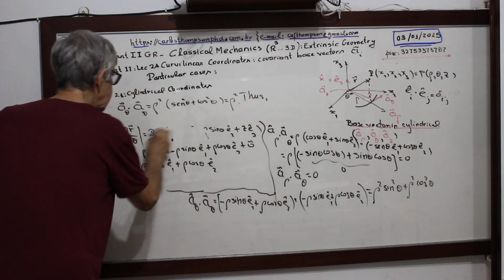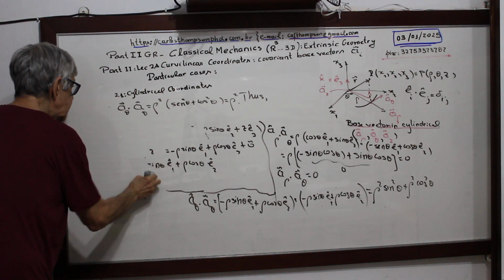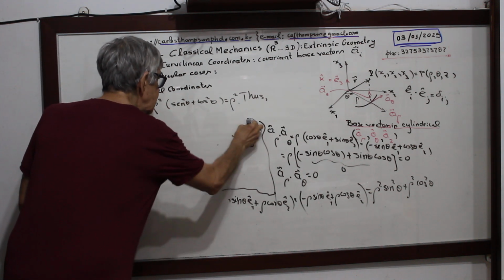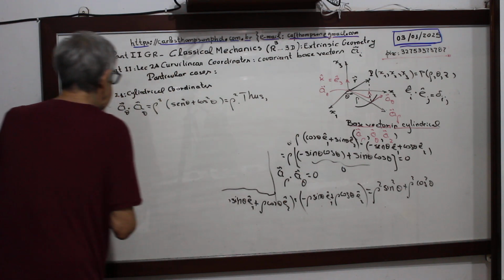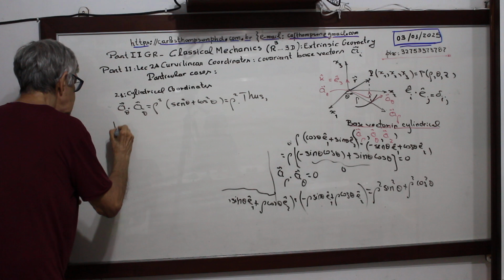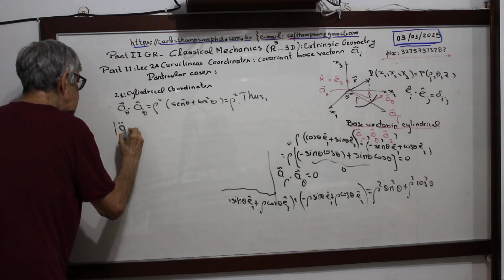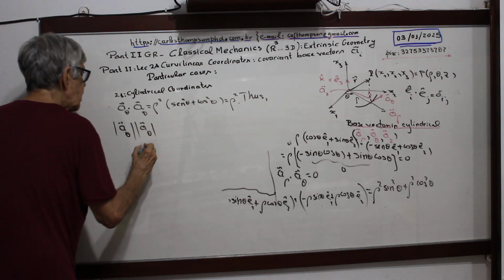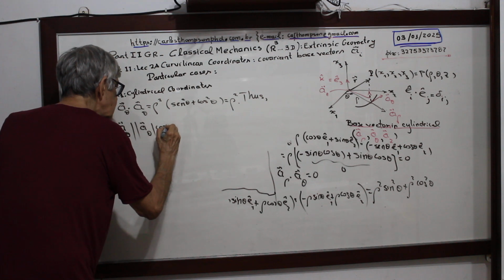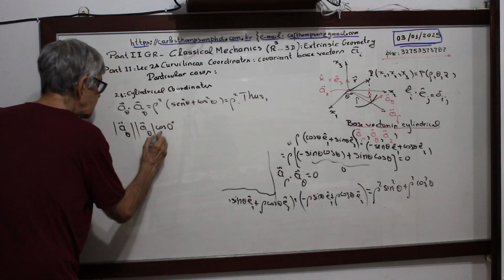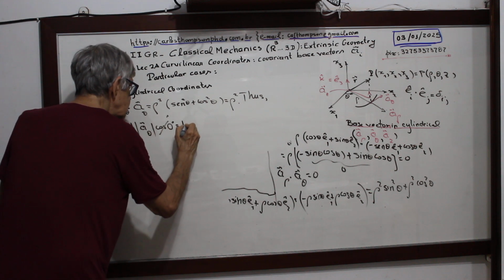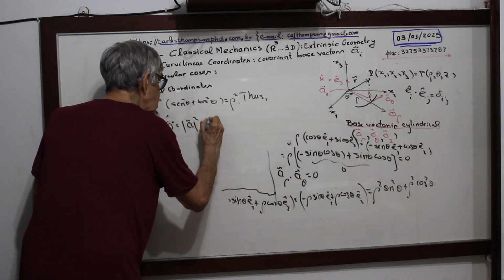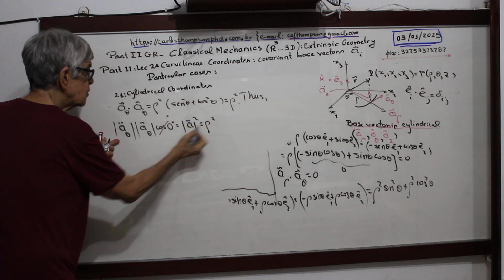Now I will apply the definition of dot product. The definition is the magnitude of this vector times the magnitude of this vector times cosine of 0 degrees. This is 1. So this is the magnitude of this vector square. This is equal to rho square.